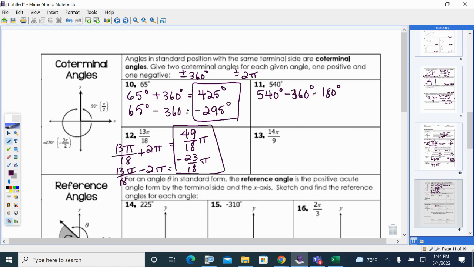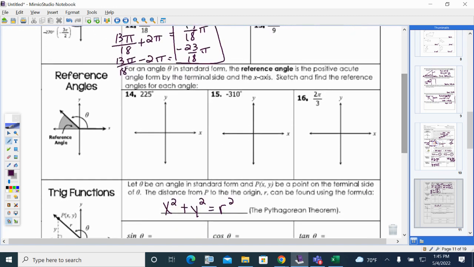It's positive 180. So I would actually have to take that 180 degrees and subtract another 360 in order to get another coterminal angle that's a negative answer. So the same thing might happen on number 13, possibly.